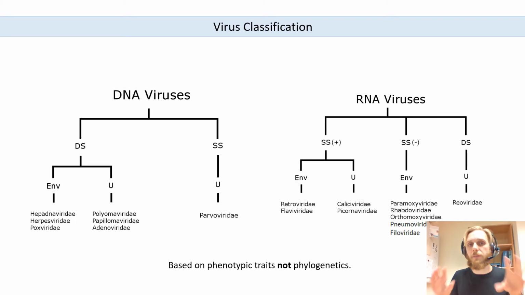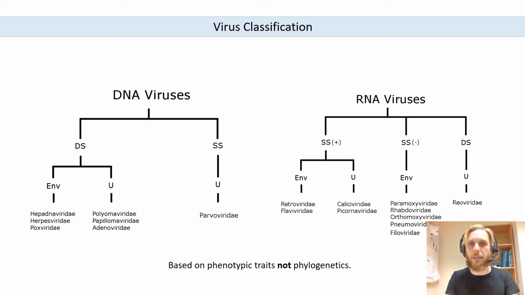You'll notice I'm saying virus families because the names at the bottom are not individual viruses, these are virus families. And these families are derived from phylogenetics. So we're stealing a little bit of phylogenetics. We're using phylogenetic principles to group viruses into families, and then we're placing those families onto these phenotypic maps.